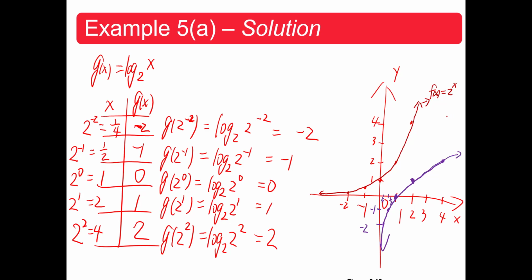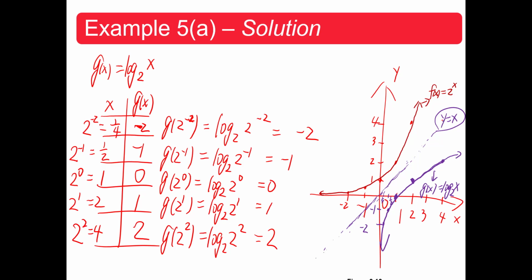As you can see, these two smooth curves form a mirror image based on y equals x. This is the logarithm g of x equals log base 2 of x. So they form a mirror image based on y equals x.